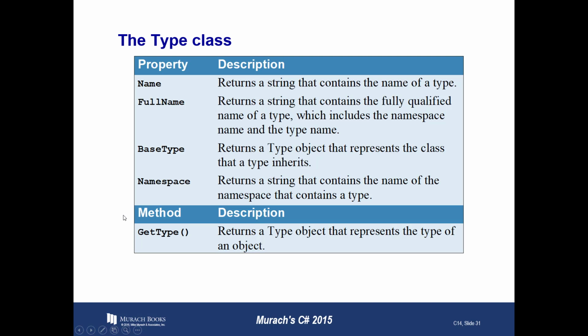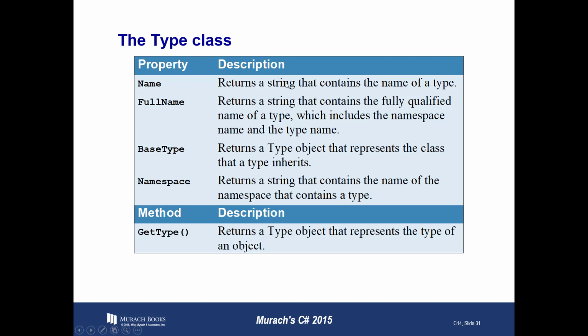So talking next about the type class. All right, I'm around page 466 in the book, and notice what it has here. Properties. These are the properties of the type class.